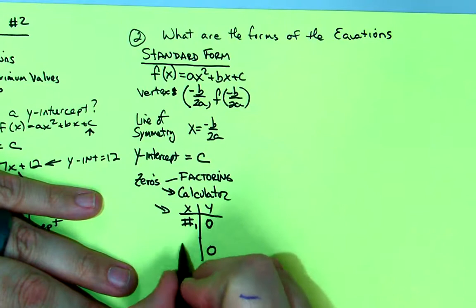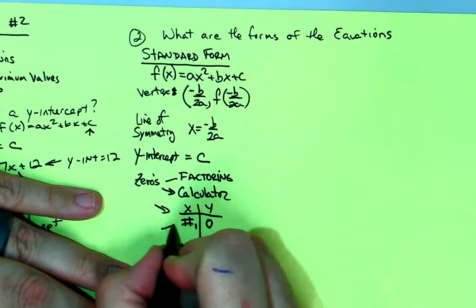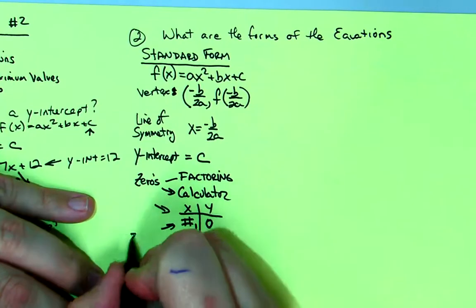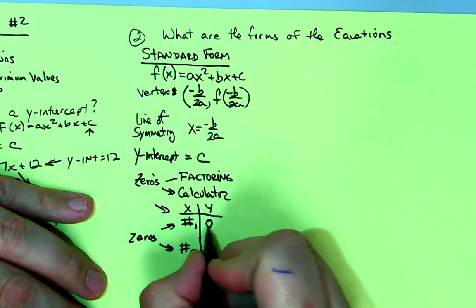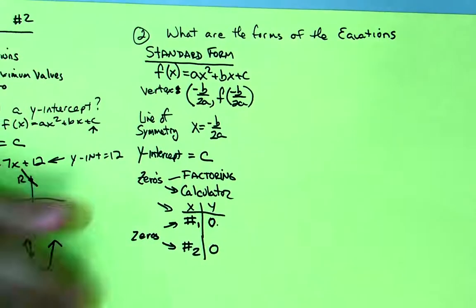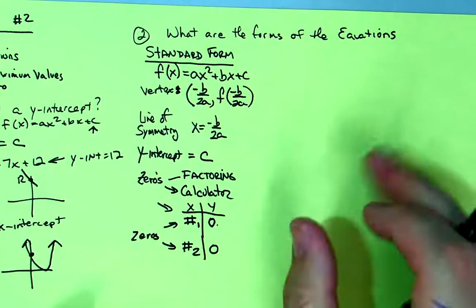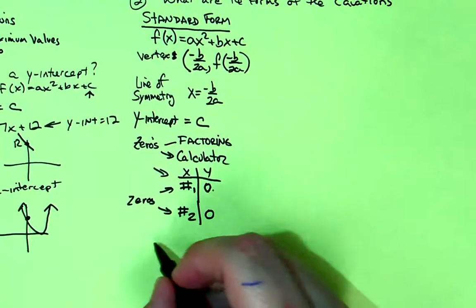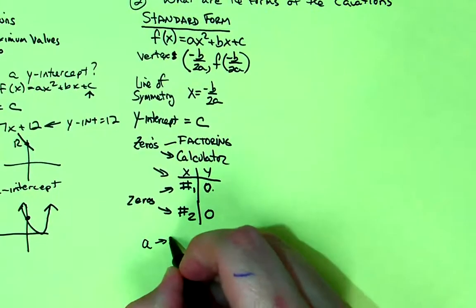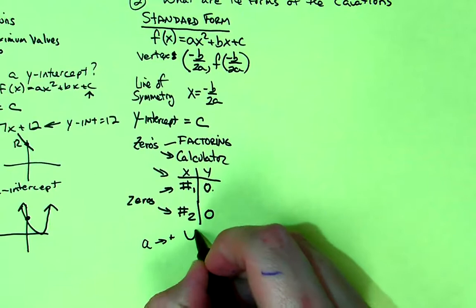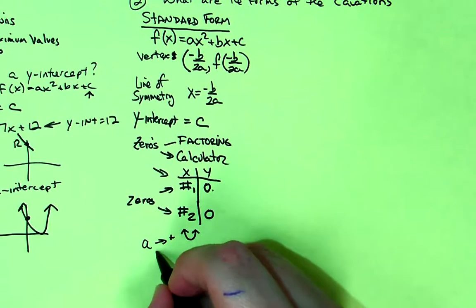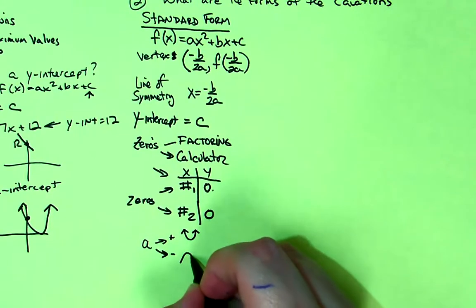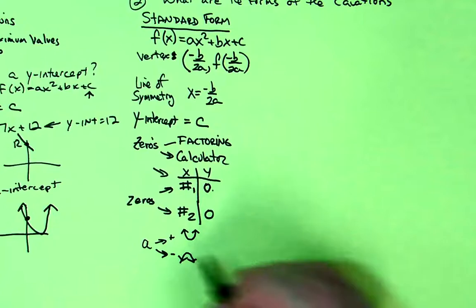Say that's number 1, and that's number 2. Those are your zeros, since your y value has to be zero. So that's a lot of the really good information that you get from standard form. Also, your a value. If a is positive, you have a parabola that opens up. If a is negative, you have a parabola that opens down.